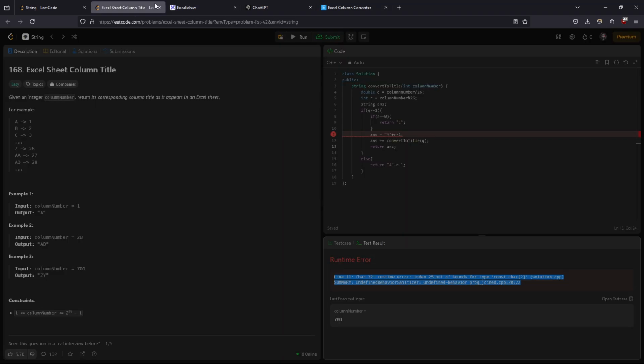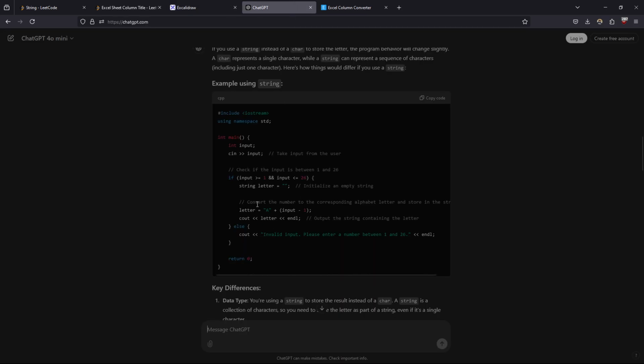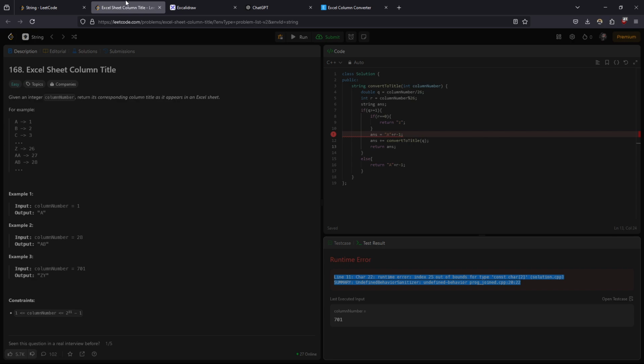Okay, so I got it. But I did double quote. Yeah, I used double quote. It also used double quote. Plus input minus one. Yeah, that's what I did. Convert the number to the corresponding alphabet and store it, yeah, that's what I did. A plus R minus one.